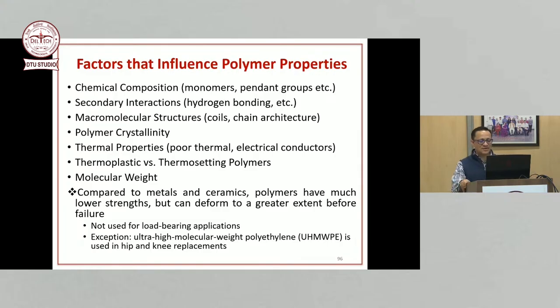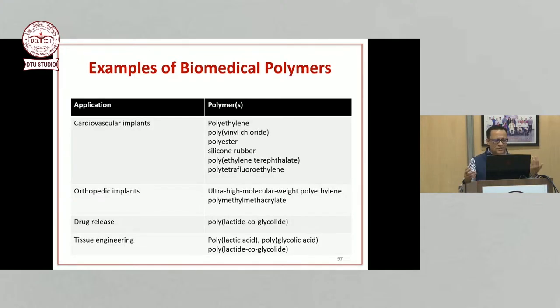Compared to metals and ceramics, polymers have much lower strength, but they can deform to a greater extent before failure. If you remember the stress strain diagram of metals versus ceramics versus polymers, you can apply stress and there can be more strain. Some examples: for cardiovascular implants, polyethylene, polyester, and silicon rubber can be used.